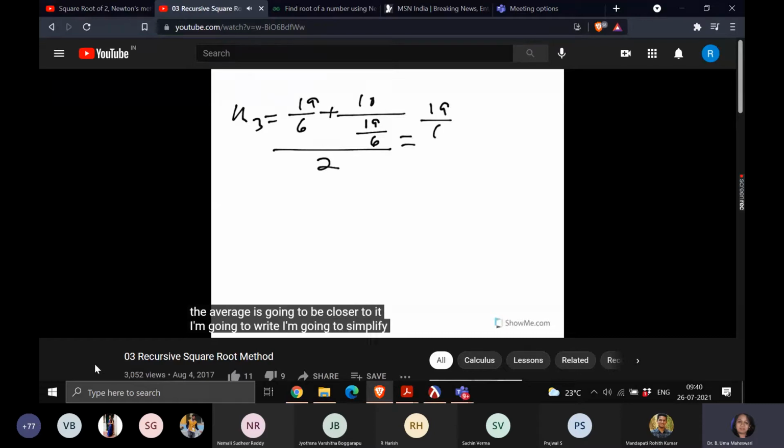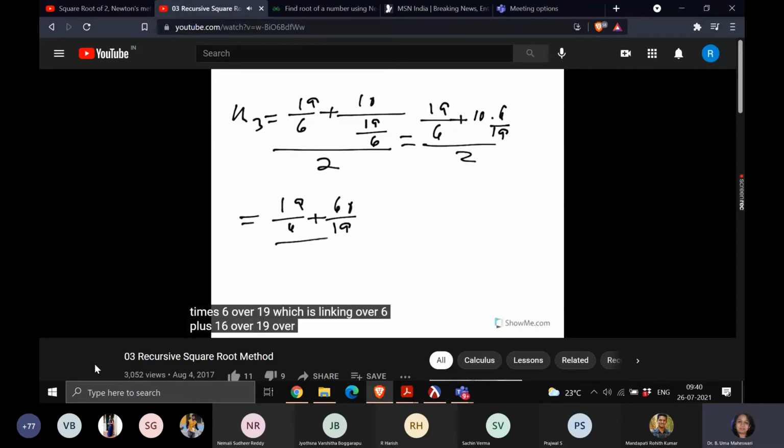I'm going to simplify this fraction first. 10 over 19 over 6 is the same thing as 10 times 6 over 19, which is 19 over 6 plus 60 over 19, over 2. The common denominator is going to be 19 times 6, which is 114.